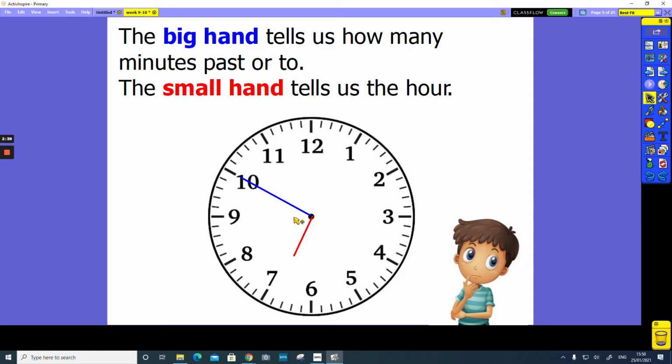The blue hand is on the 10, so that means it's 10 minutes to the 12 there. And the small hand tells us the hour. It's pointing almost to the 7. It is 10 minutes to 7. Well done. Give yourself a tick or fix it up.